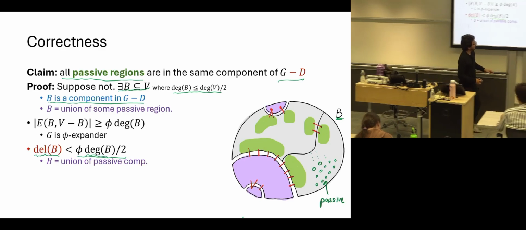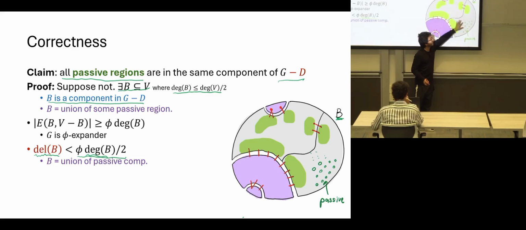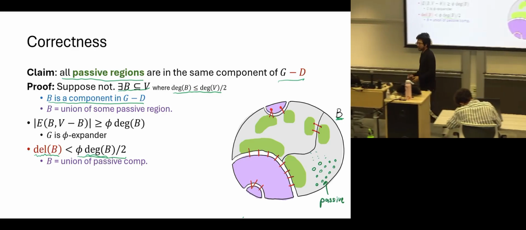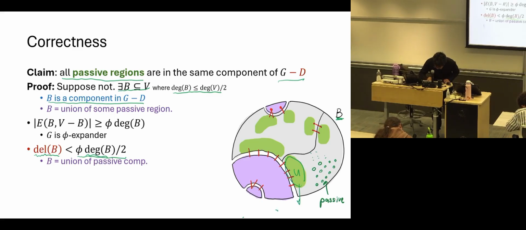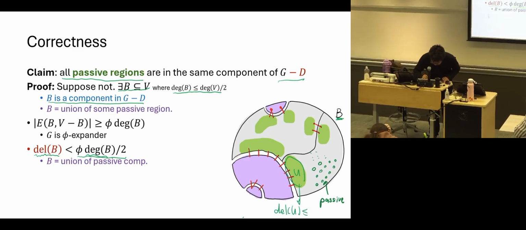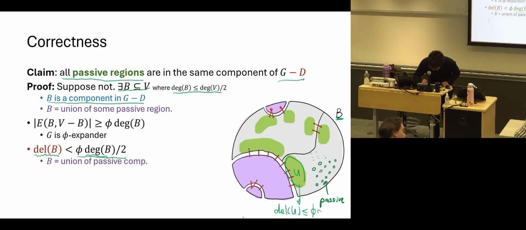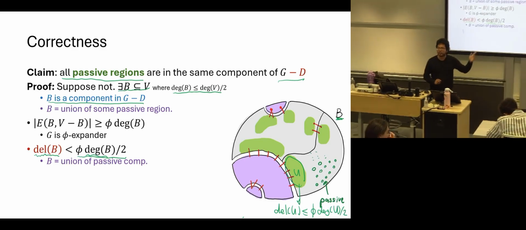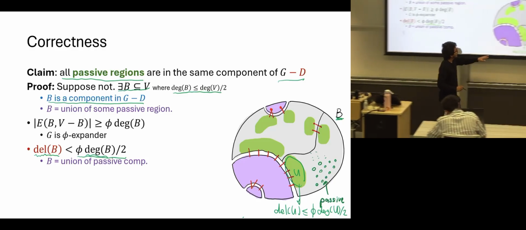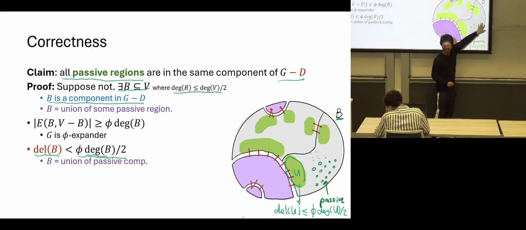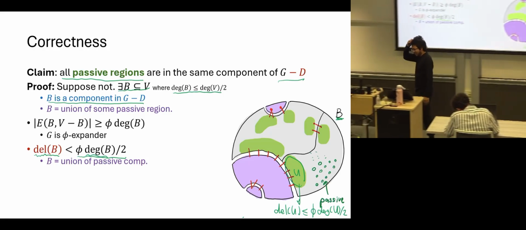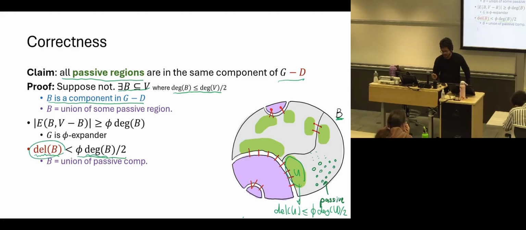Because each of these is a passive region inside B. Each passive region U is such that deleted of U is less than 5 degree of U over 2. That's what it means to be passive, right? Now you can just sum deleted of U over all U in B. So you get that the deleted edges are not too big.